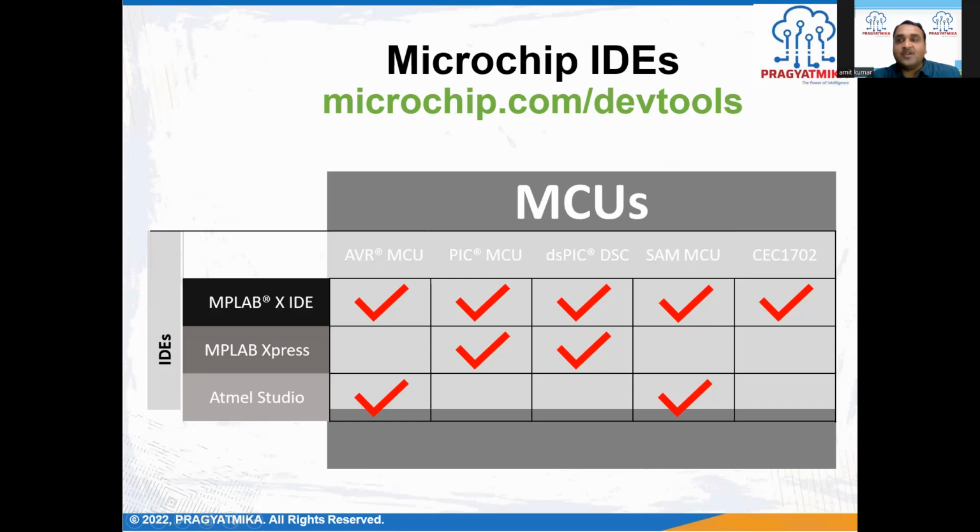The ARM parts are called SAM microcontrollers in Microchip. So 32-bit microcontrollers with the ARM processor are called SAM microcontrollers. Then there are also security chips, the CEC chips. You can write the program for all these types of microcontrollers in MPLAB X IDE.